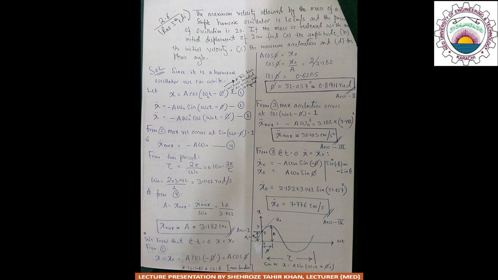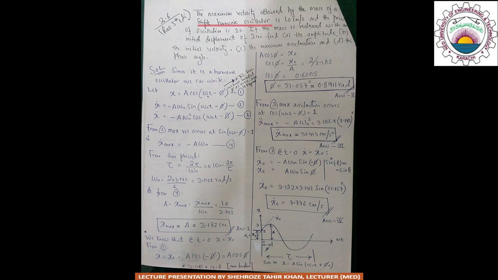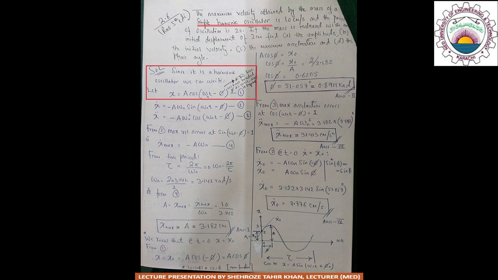So the solution of this problem starts by first focusing on the term simple harmonic oscillator, which is mentioned in the question. And we know that for a simple harmonic motion, the displacement function is given by x is equal to a cos of omega n t minus phi, where x is the displacement, a is the amplitude, omega n is the natural frequency, and phi is the phase angle.